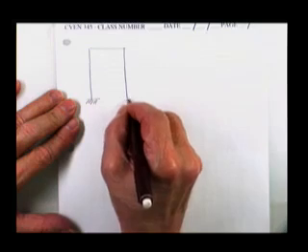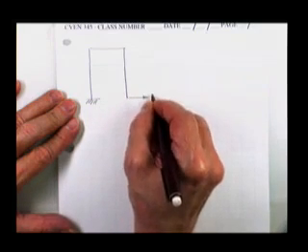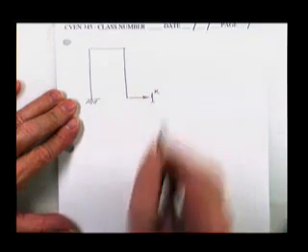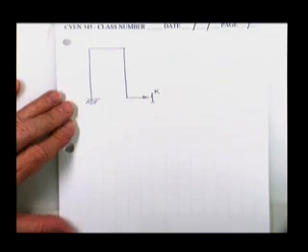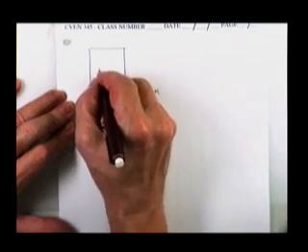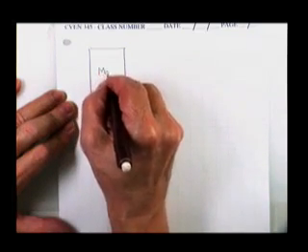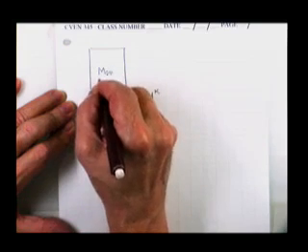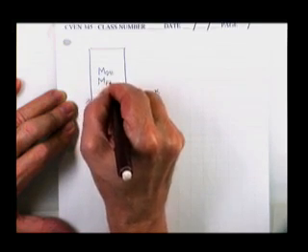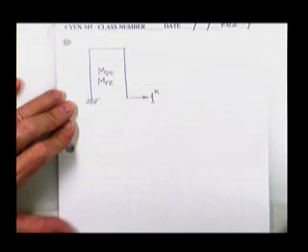Here's the next one. This is either a unit load or a real load. Take your choice, depends on what you're going to be using it for. This will be M sub Q due to a load in the number 2 direction. Sometimes it'll be M sub P due to a load in the 2 direction.